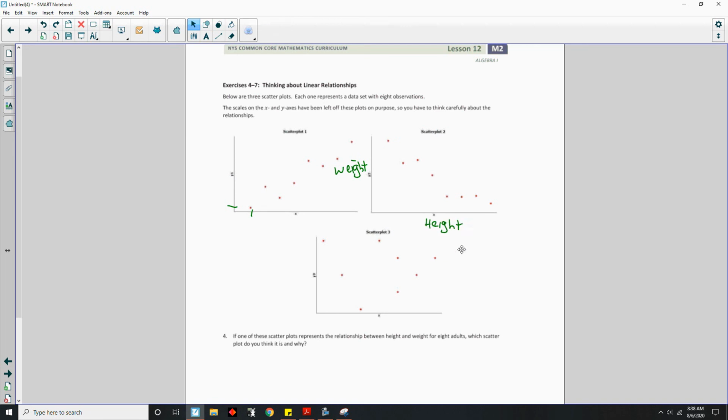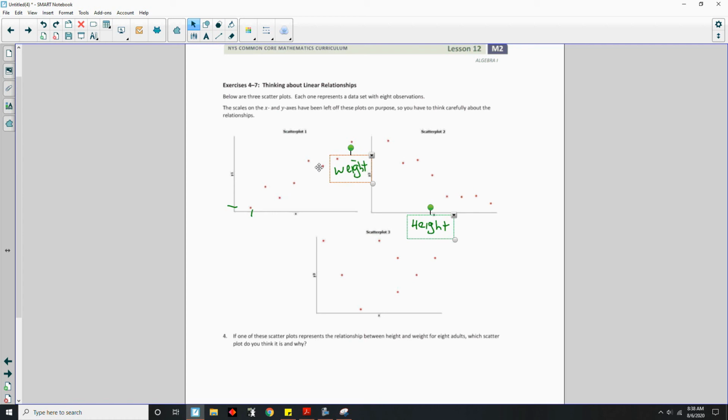If we use scatter plot 2 and use the same scales and put weight here and height here, like so, then this would be as height decreases, weight decreases. Well, we don't generally shrink so much. When we're born, we're inches long, and then we end up being 5, 6, some even taller than that, feet.